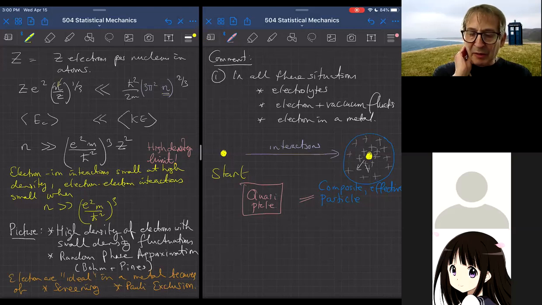And so the real way you would see these things is through the dielectric constant that emerges as a result of these interactions between the particles. Okay. So yeah, these are observable. These are very much observable.